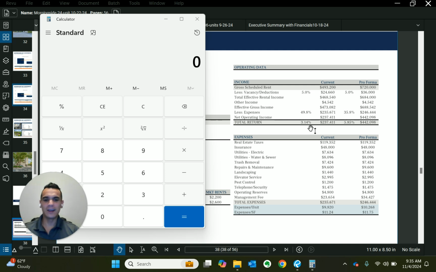My response would be, hey, if you can get this thing up by 250K like you claim, why don't you do it? Again, that comes down to, is there something wrong with the building, why it can't achieve these rents, or is it just the owner not being willing to do it? And if he's not willing to do it, well, I'm not willing to pay that 3.14% cap rate.